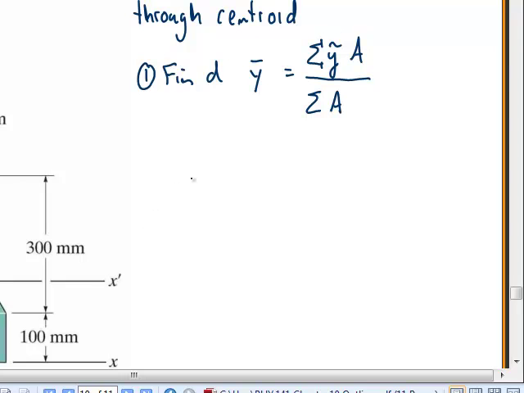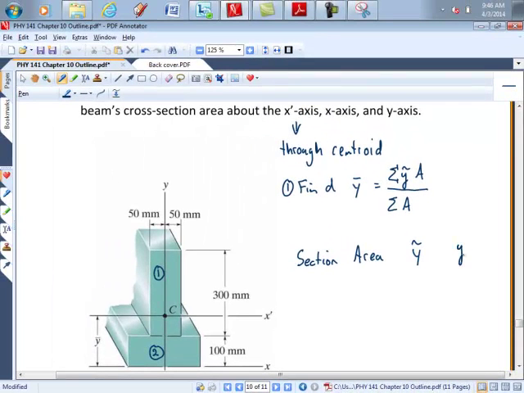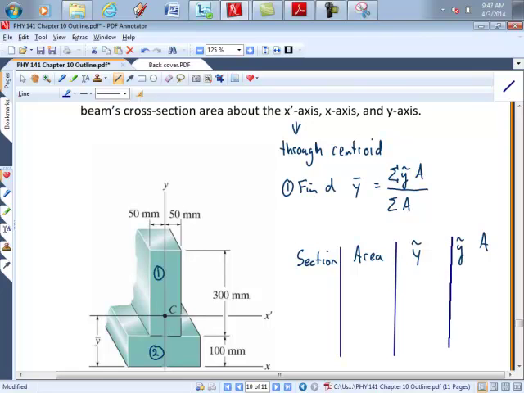So if we create a little table here that's got our section, our area, our y tilde, and y tilde times the area, and that should help. So section 1, what's my area? 30,000 millimeters squared.